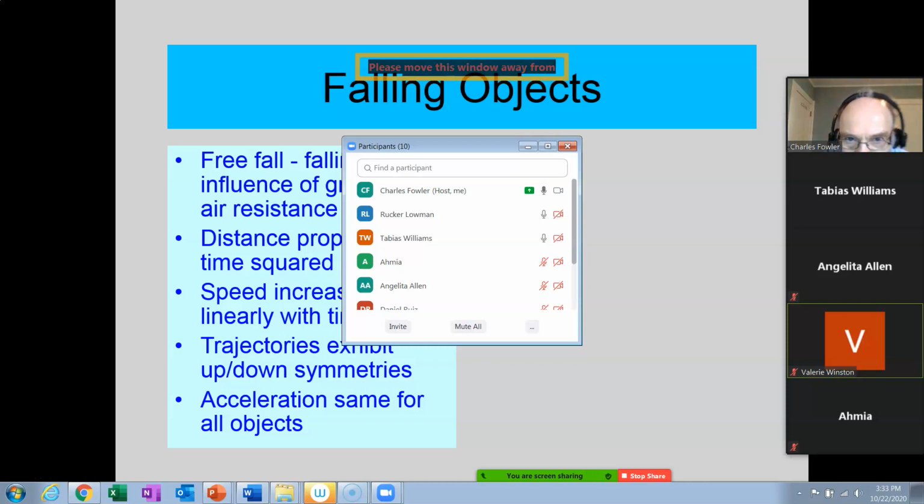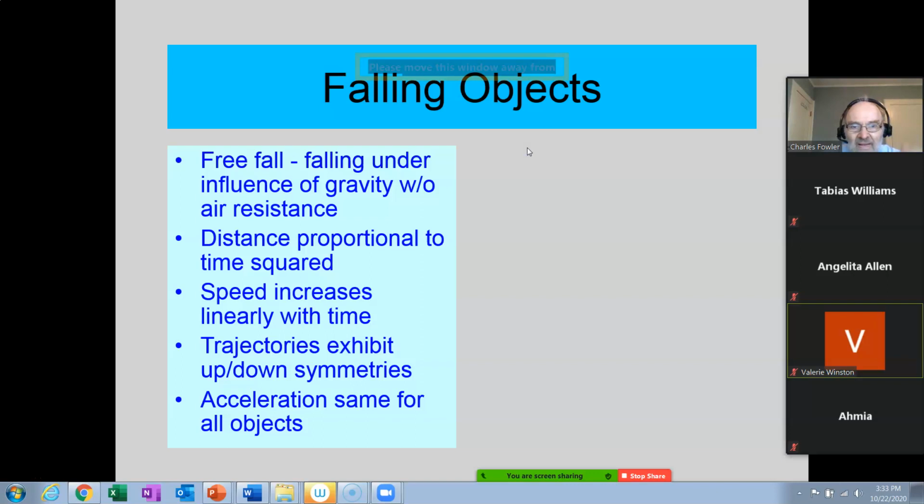Got it. Okay. Now, it doesn't matter. You're not making any noise, so it doesn't bother me at all. Now, if someone comes in and starts yelling at you, you might want to mute them out. Or if you start yelling at somebody, you might want to mute yourself out.